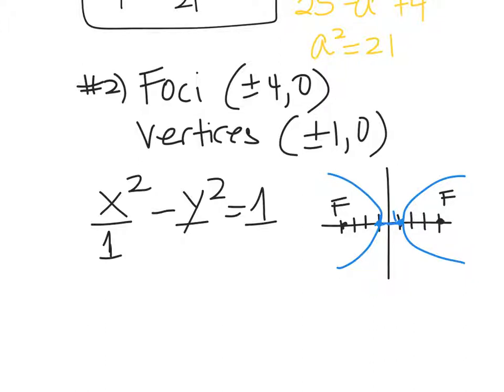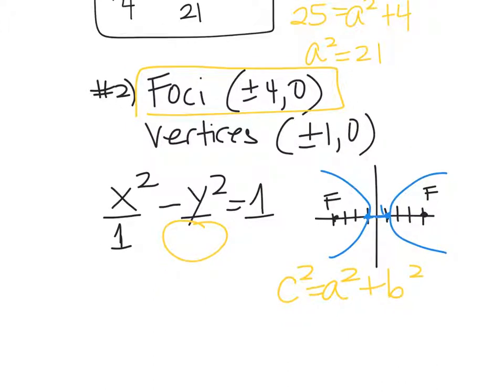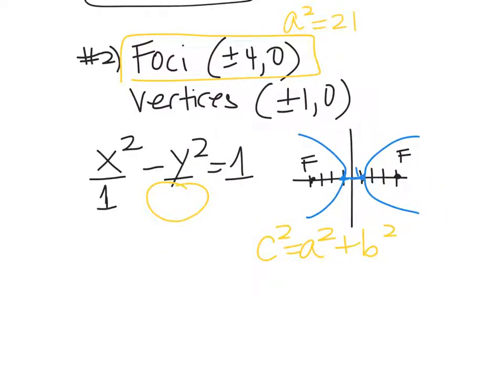Okay, now foci. I haven't used this information yet, but we need to. We're going to do c squared equals a squared plus b squared, because we're trying to fill in that blank right there. We need b squared. All right, so let's talk about this. What is c squared? Well, from the center to my foci, how far out is that?